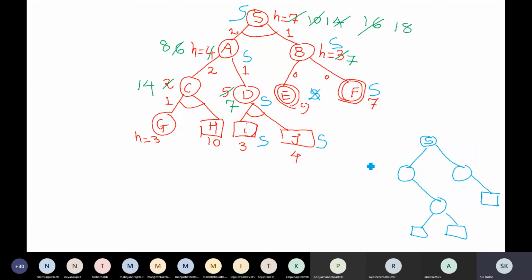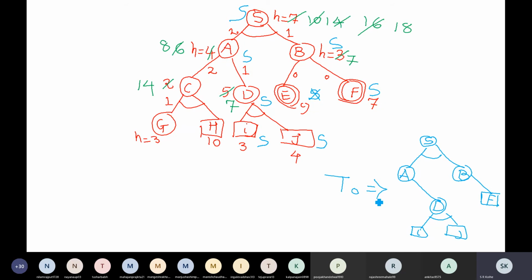So this is A. This is B. This is D, I, and J. This is F, and this is your solution tree.